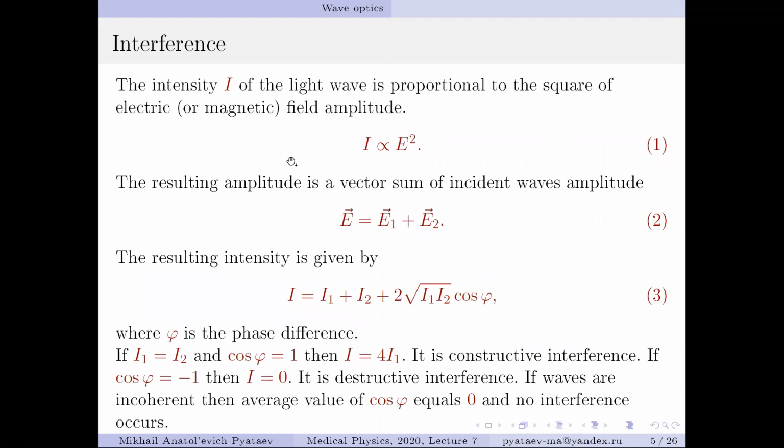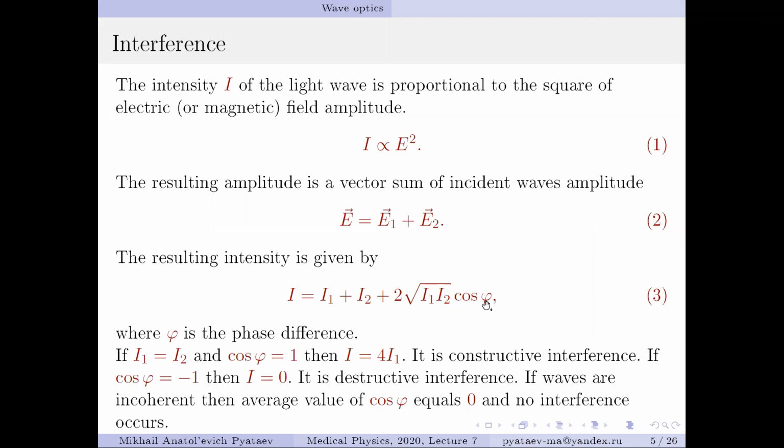So let us see these equations for interference. These are equations describing interference. So the electric field vector is a sum of two electric fields produced by two waves, and that gives us the following equation for intensity. So you can see that it is not just I1 plus I2, it contains an interference term, and this term depends on the phase difference between the two lights.